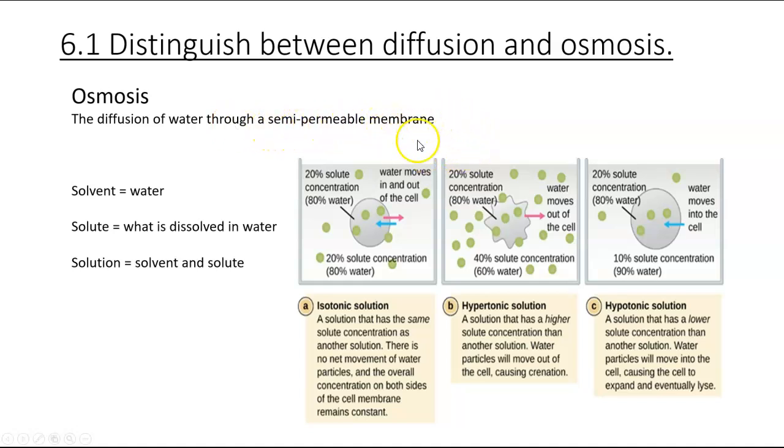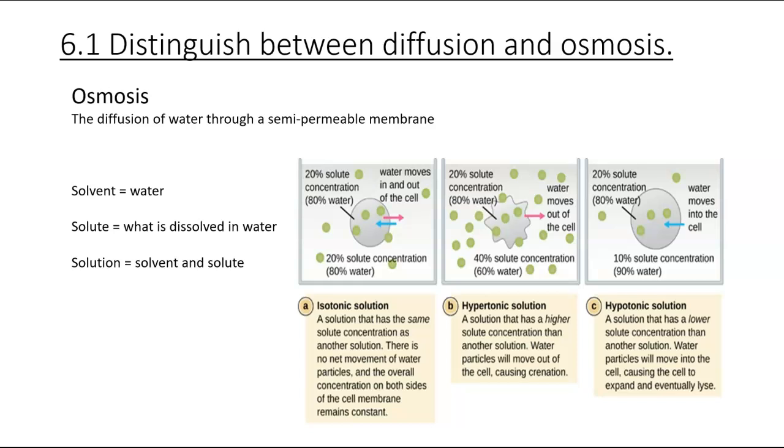Remember, we had that phospholipid bilayer on the outside of our cells. That's a membrane. And what we mean by semi-permeable is that some molecules can go through and some don't. Plasma membranes, also known as cell membranes, are semi-permeable membranes. If they weren't, the inside of the cell and the outside of the cell would look the same and we wouldn't need cells.